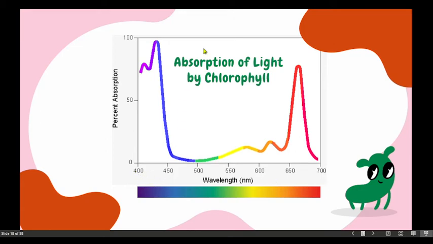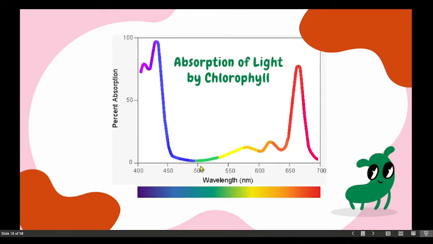So we can see that the lowest percent absorption is at the wavelength 500 nanometers. So that's the color green. This means that chlorophyll technically is not absorbing this wavelength.